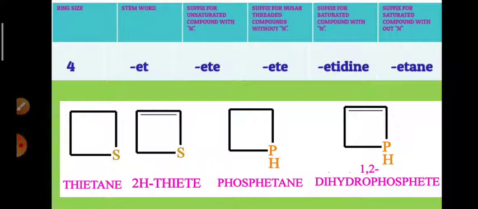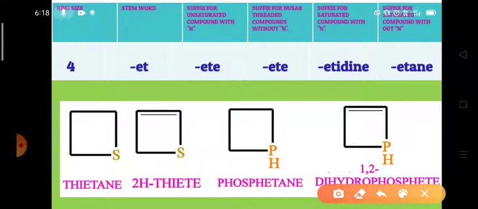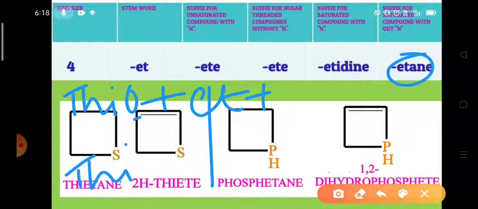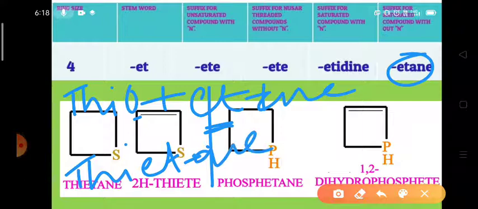These are some heterocyclic compounds with sulfur and phosphorus. As the ring size is 4, the stem word is ete, and for the sulfur atoms we would use thia as the prefix, and for the saturated one we would use ane. So thia plus ete, thiete plus ane, so it becomes thietane.